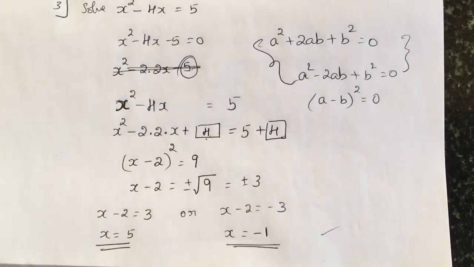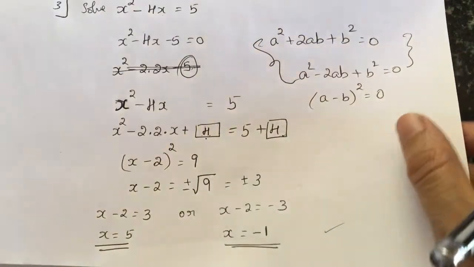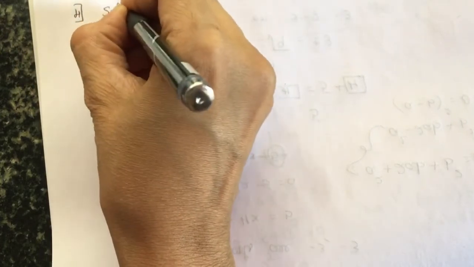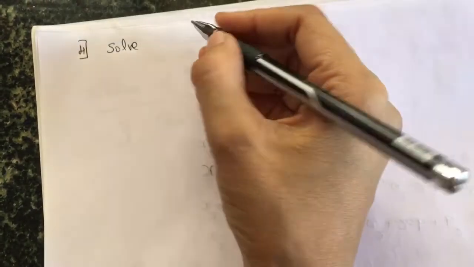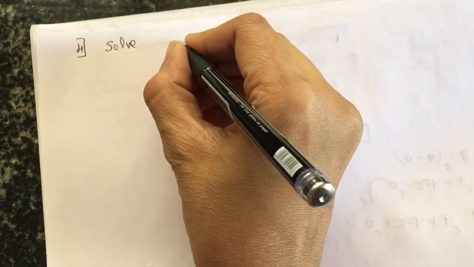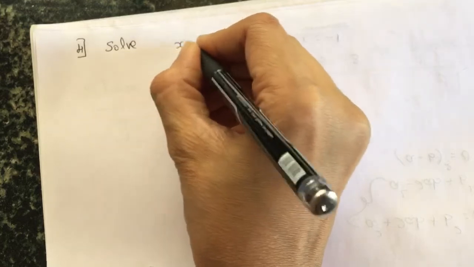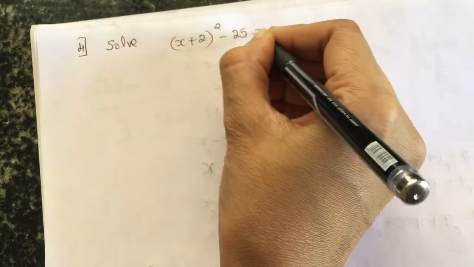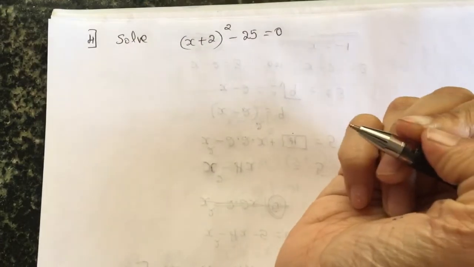Okay, we'll go for one more problem. Solve this, say x plus 2 whole square minus 25 equal to 0. This is a direct problem.